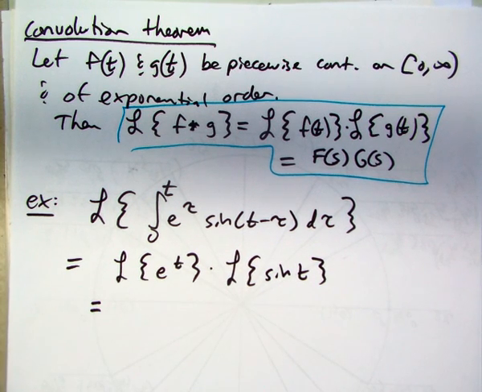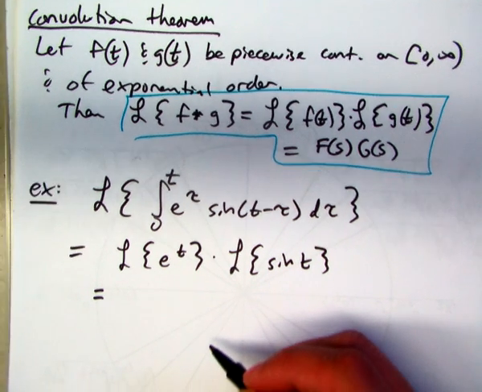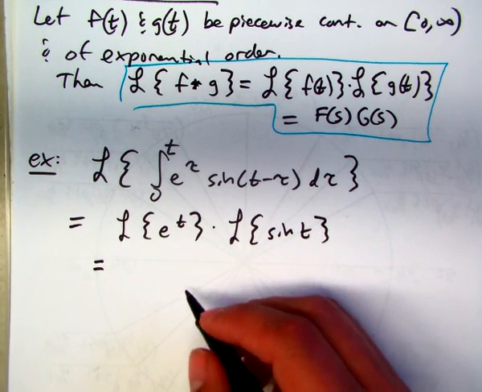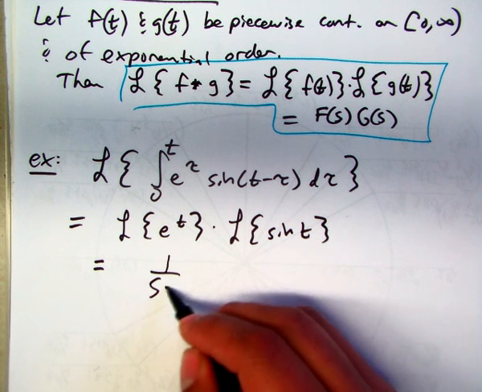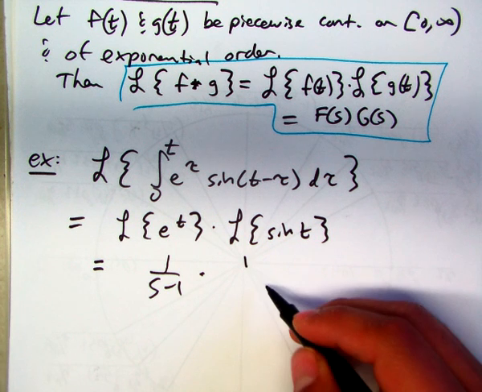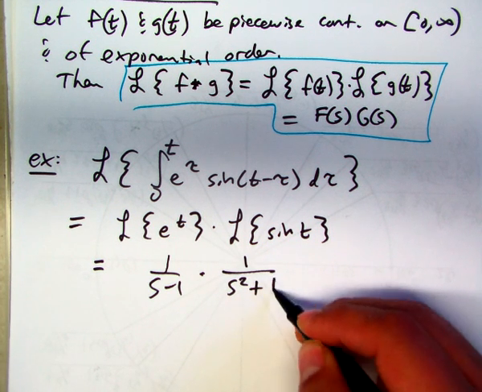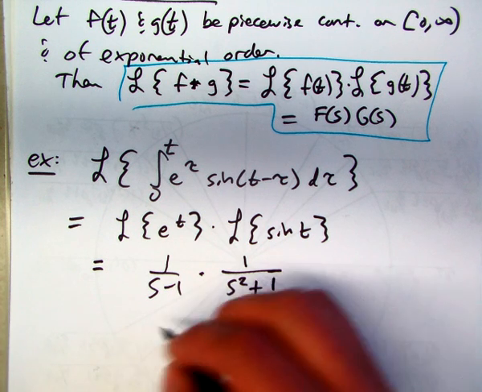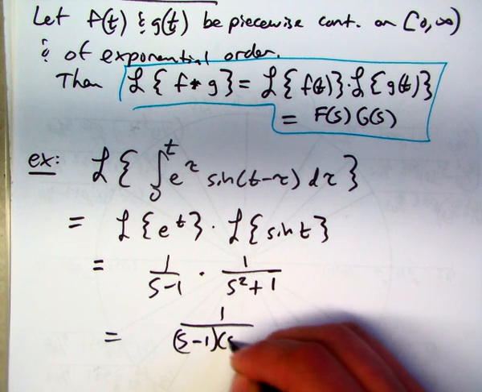And we know what the transform for each of these is. Laplace transform for e to the t is what? And transform for sine of t is 1 over s squared plus 1. So, I mean, we can't really do much else. Let's just maybe combine it into one fraction and we're done.